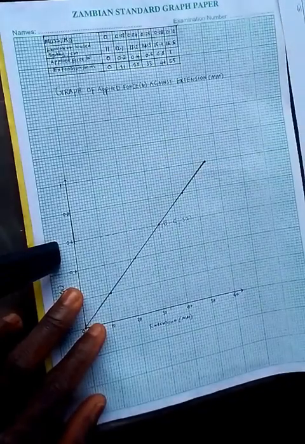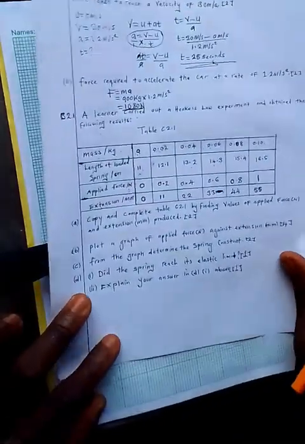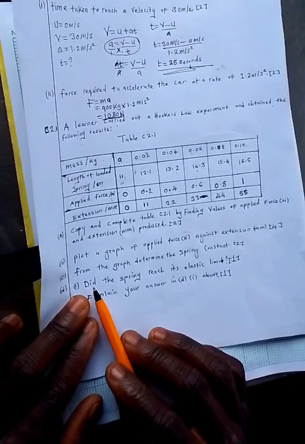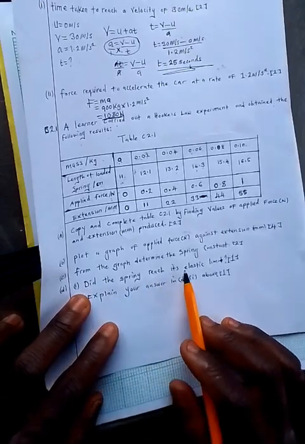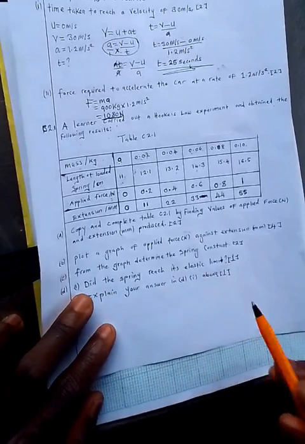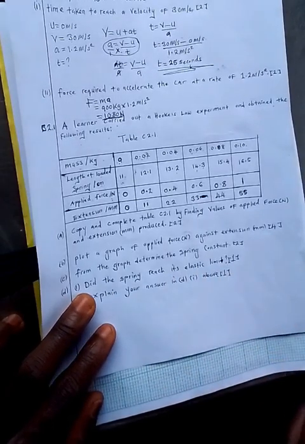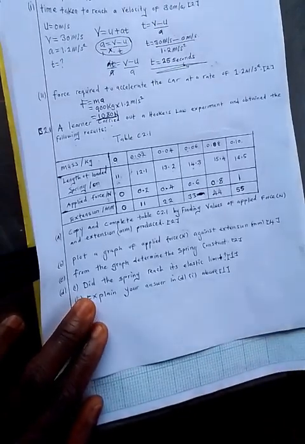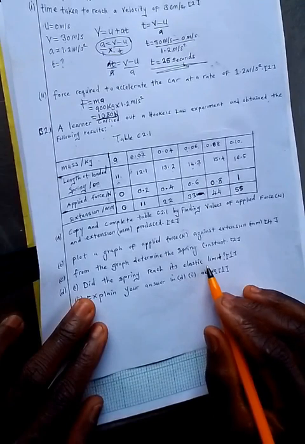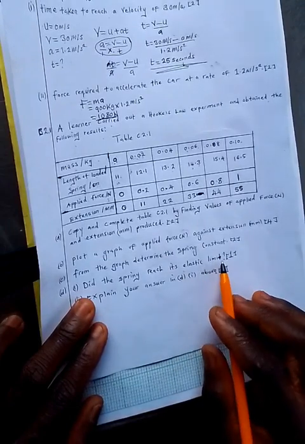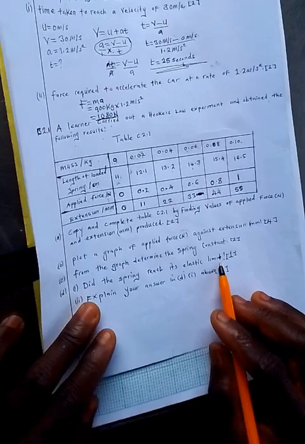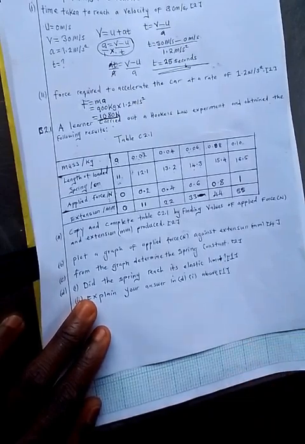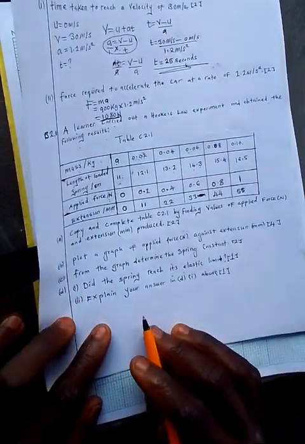Okay, let's continue. Then question D, Roman numeral 1, is saying, did the spring reach its elastic limit? The elastic limit is just the maximum displacement of an elastic material. When an elastic material exceeds the elastic limit, it is going to undergo permanent deformation, whereby it is not going to go back to the initial length or initial position.